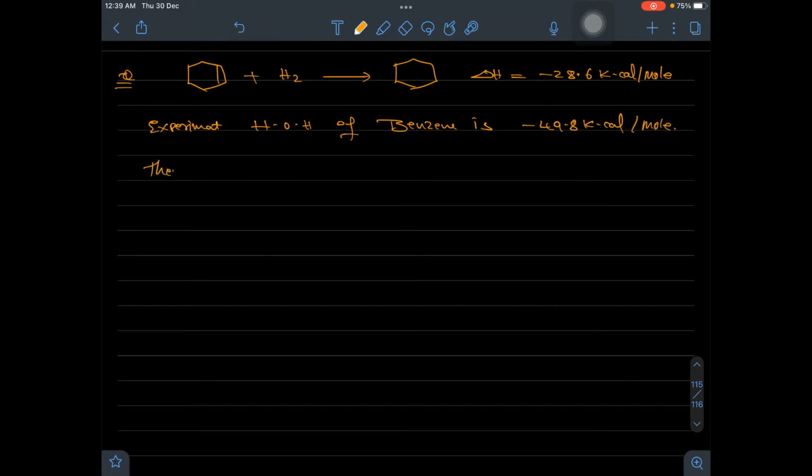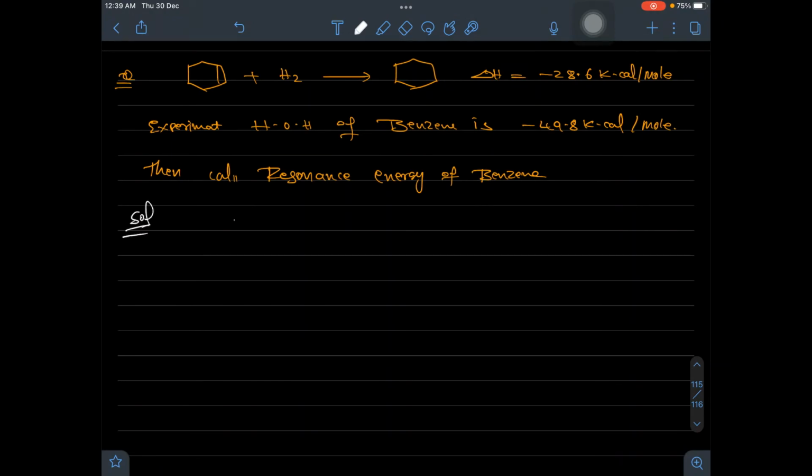Then calculate the resonance energy of benzene.